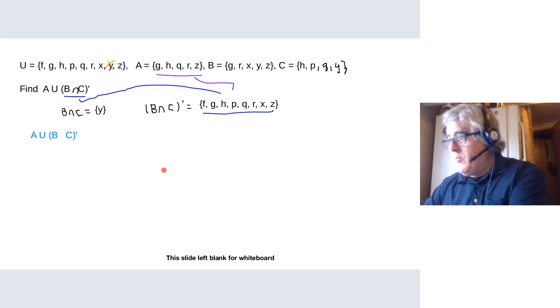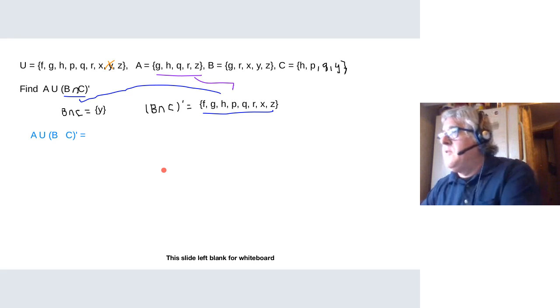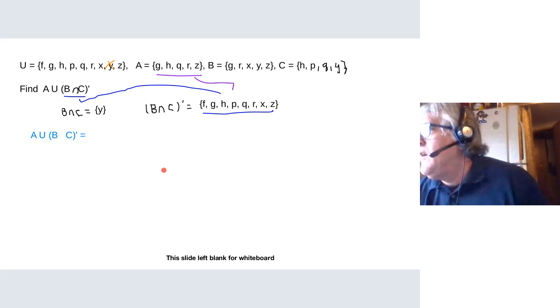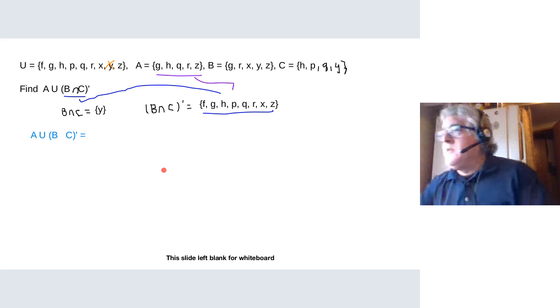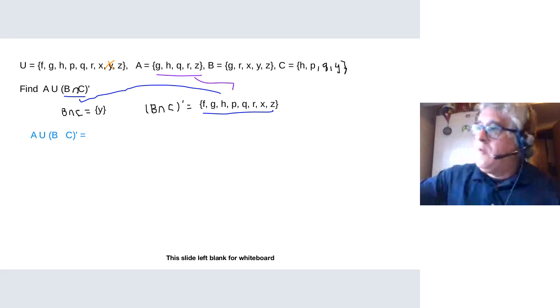I'll come back and put that. So that's the only thing that A adds. It doesn't add anything, does it? Because G and H are in that set, the complement. Q and R are in there, and so is Z. It's already in there, it's in the complement.